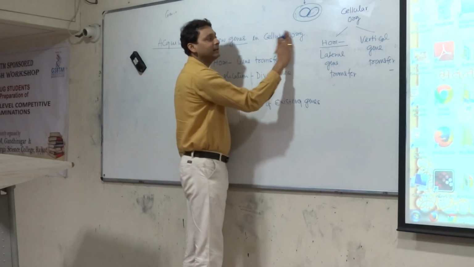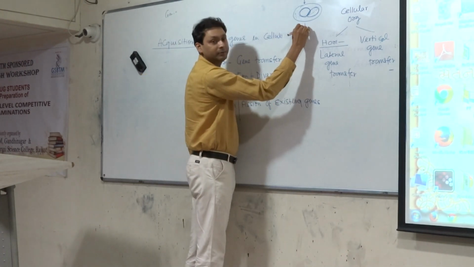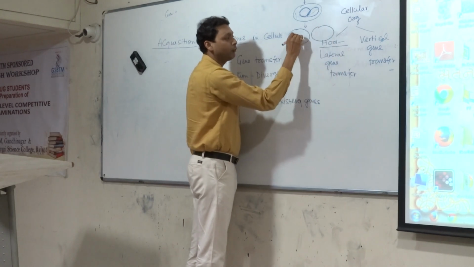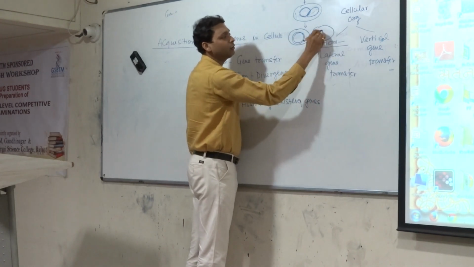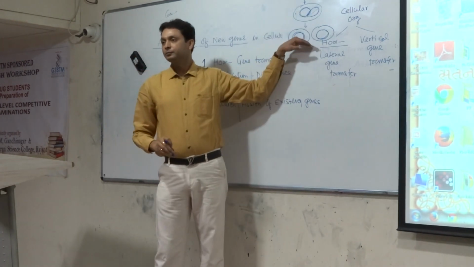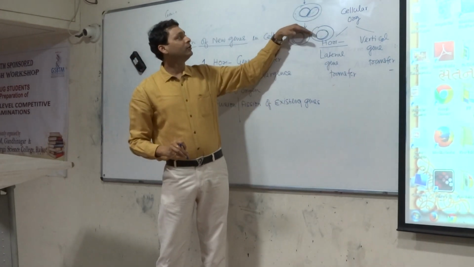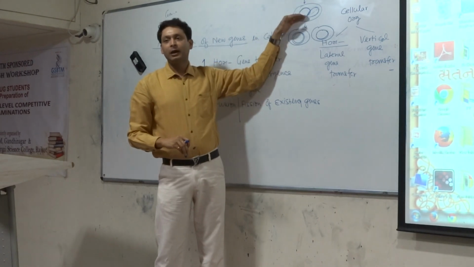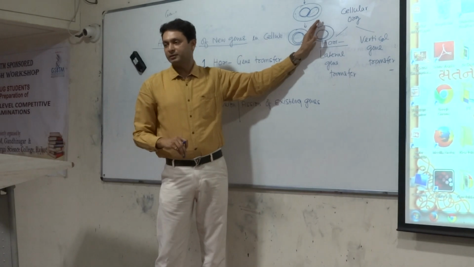Then finally this bacterial cell undergoes division, and 2 daughter bacterial cells form, and each daughter cell contains 1 copy of the DNA. This is binary fission, in which bacteria divide and form 2 daughter cells.